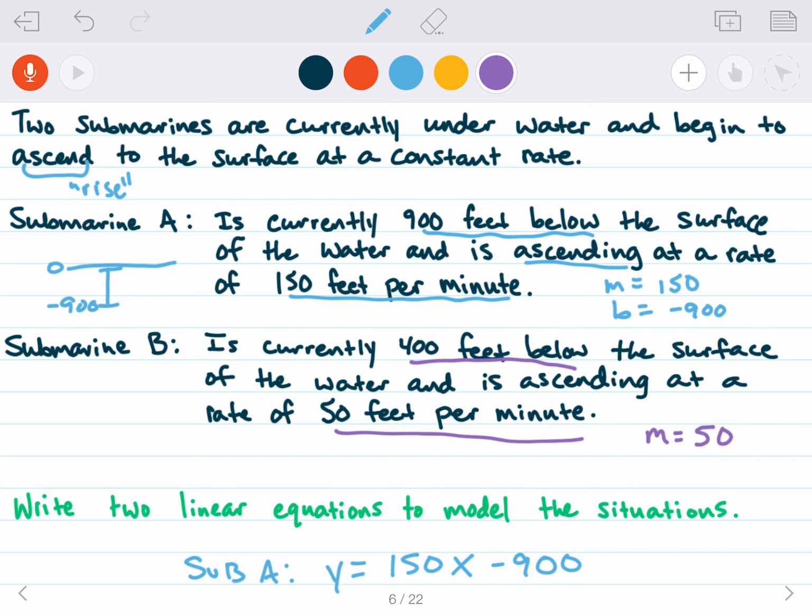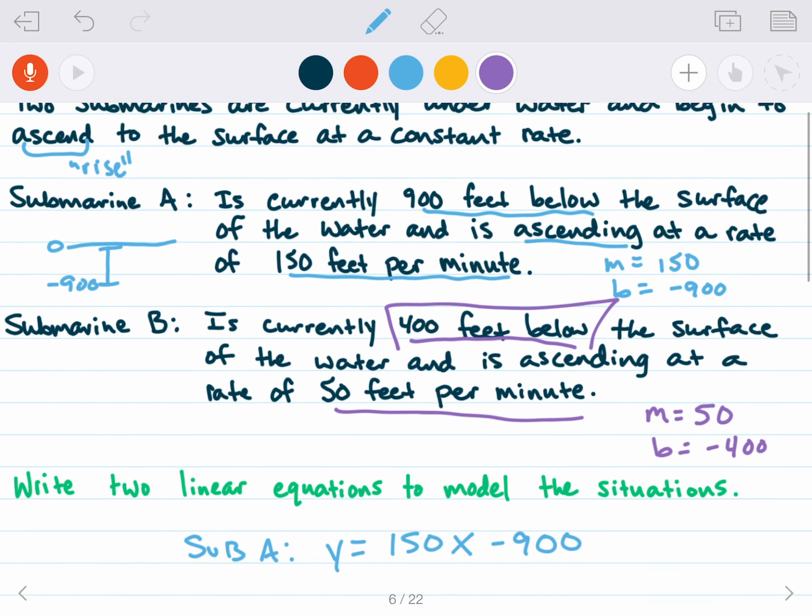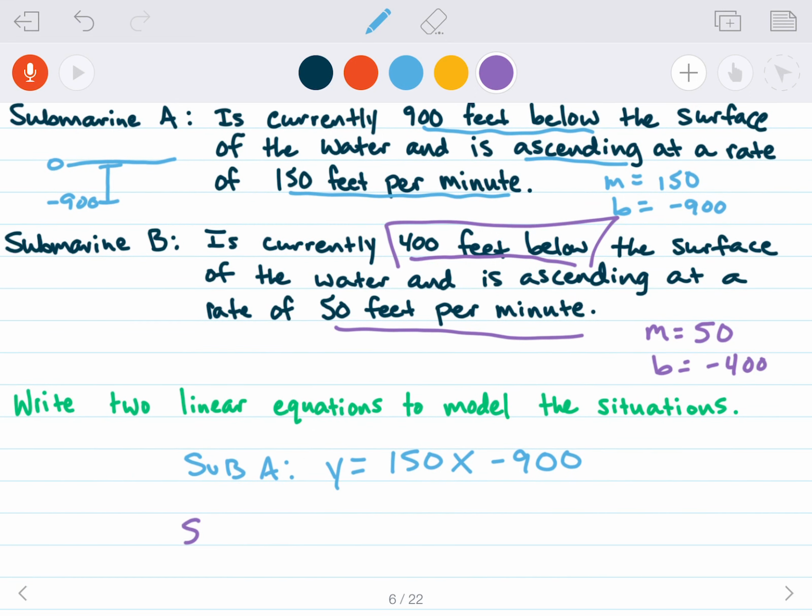So that's going to be our m, and our y-intercept is minus 400 because that's the starting value. We start at minus 400 feet below the surface. So my equation for sub B is going to be y equals 50x minus 400. So those are my two linear equations.